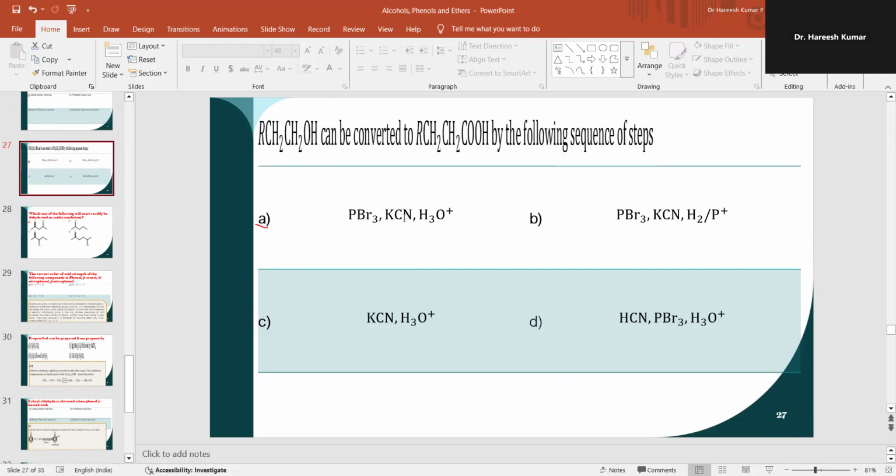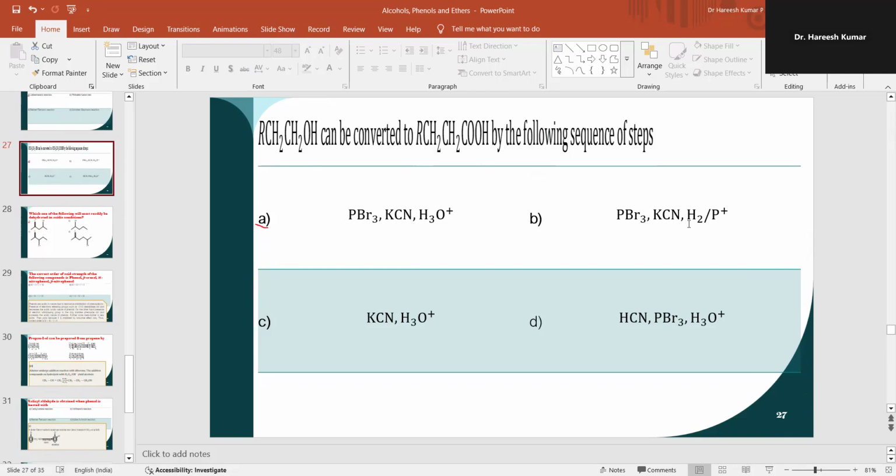The bromo will be replaced with CN, and the CN will be hydrolyzed. You can observe that here there are 2 carbon atoms and here 3 carbon atoms. It is possible by the addition of CN. CN is hydrolyzed, and nitrogen goes out as ammonia. That's the reason option A is the correct answer.